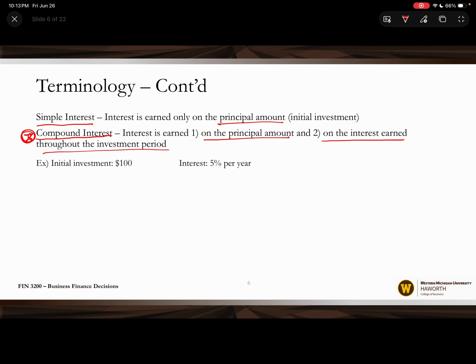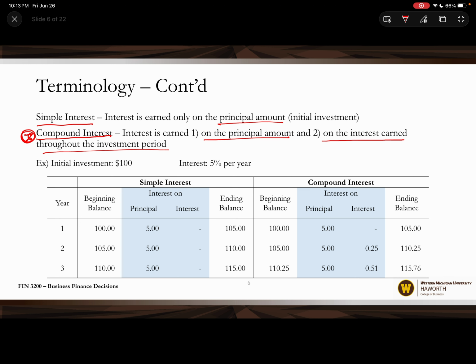Suppose that you put in $100 in something that generates 5% return per year. Under a simple interest scheme, it looks like this. You put in $100. In year 1, you generate a 5% return. That is, from that $100, you only get 5%, earning interest on the principal only. And the ending balance is 105.